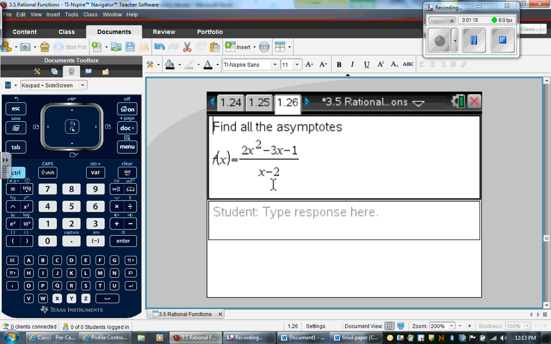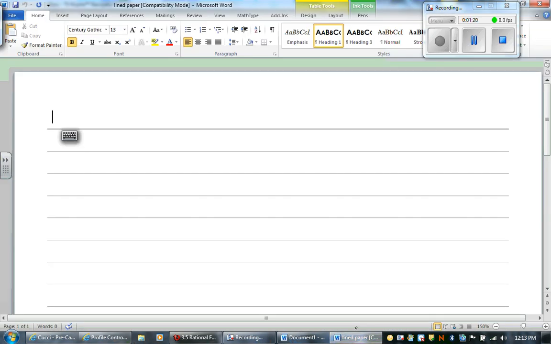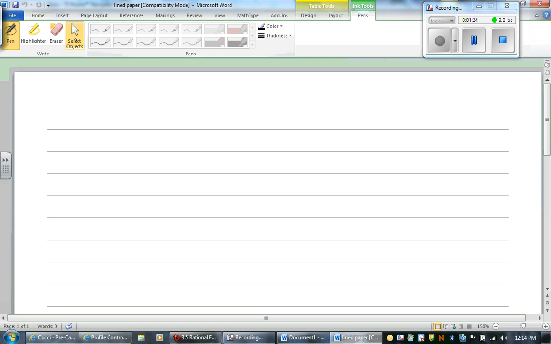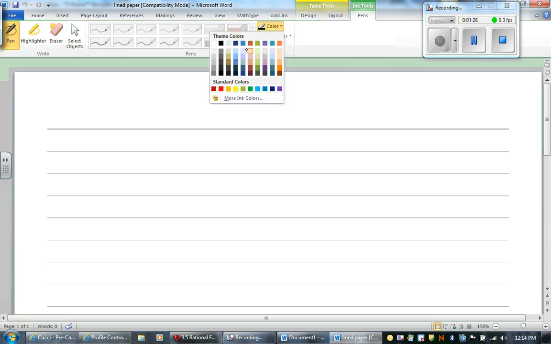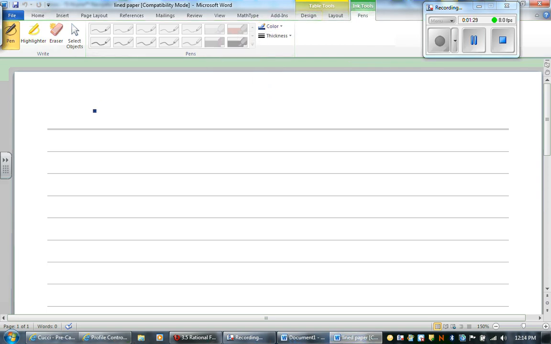So here's my function. To find the slant asymptote, what we are going to do is divide the denominator into the numerator.